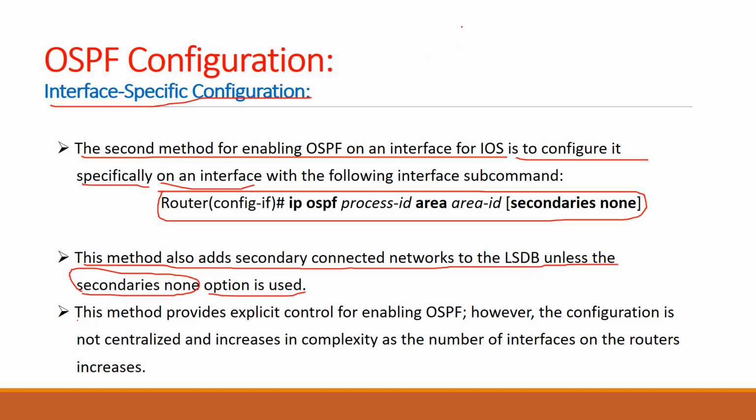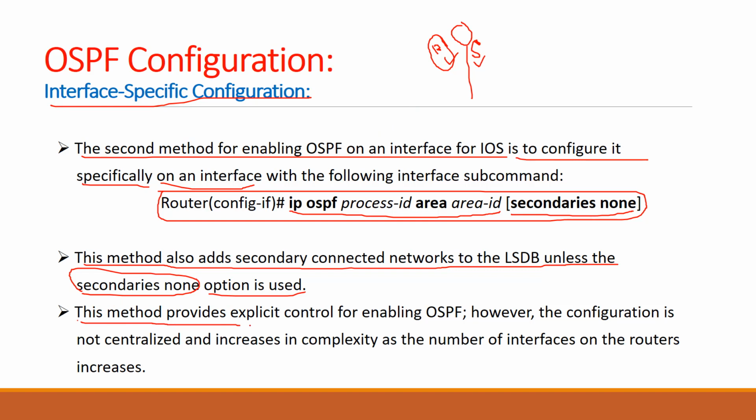This means that if an interface has two IP addresses, primary IP and secondary IP, and you enable OSPF on that interface using interface-specific configuration without secondary none, OSPF will be enabled on both IP addresses, or the two connected networks. With secondary none, it will be enabled only on the primary connected network.